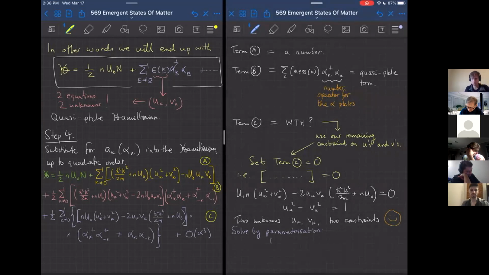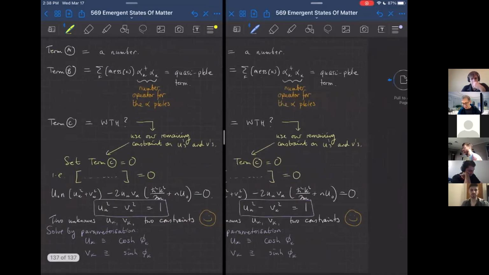So what we'll say then is that uk is defined to be the cosh of some angle, which I'll call phi, and vk is defined to be the sinh of that angle, like so, and then that automatically satisfies that constraint over there. So that's great.